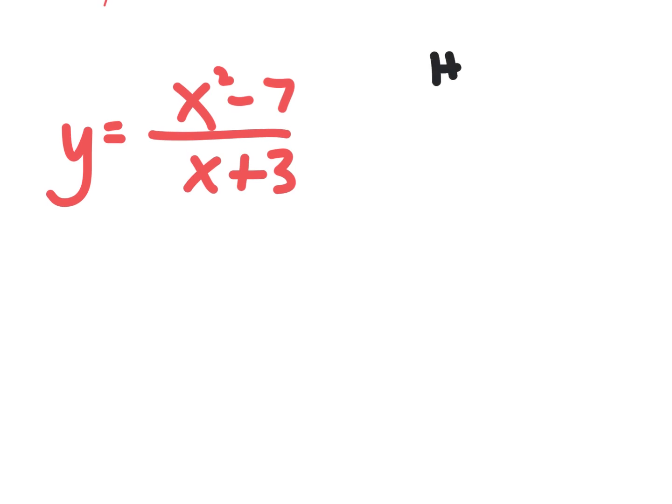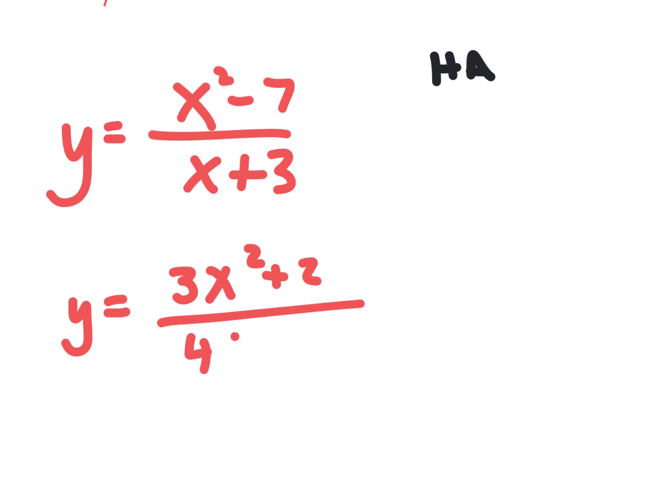Horizontal asymptote. It's that 1,000 idea. And then try to figure out the horizontal for this. It's an x squared at the top on the top problem. They'll all be x squareds.